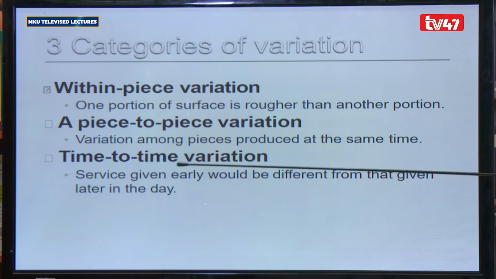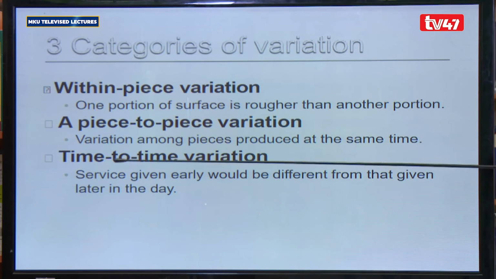So service given early would be different from that given later. So this varies between time and time, and this can be as a result of the technological changes that have been made on the production process.